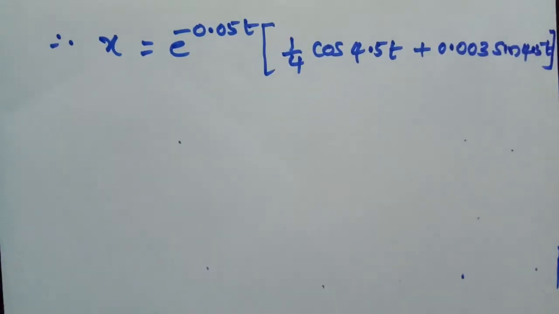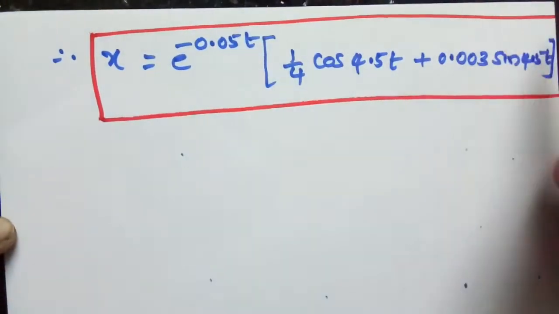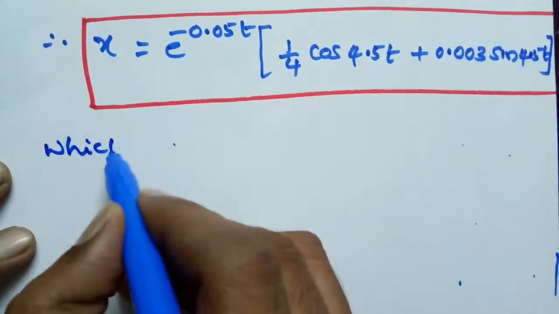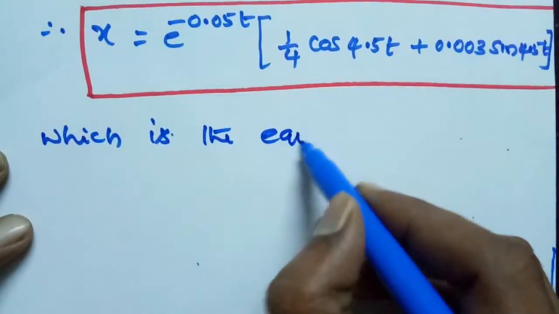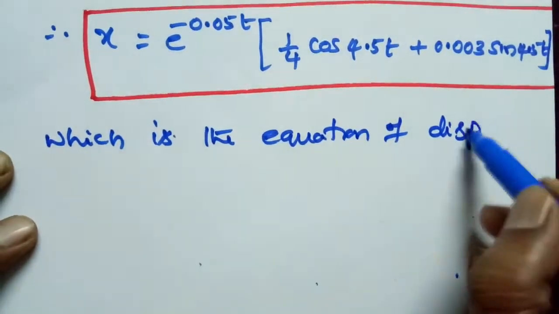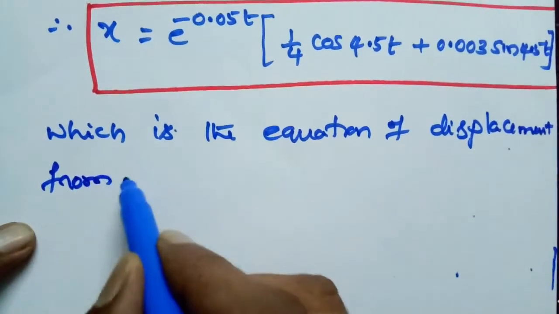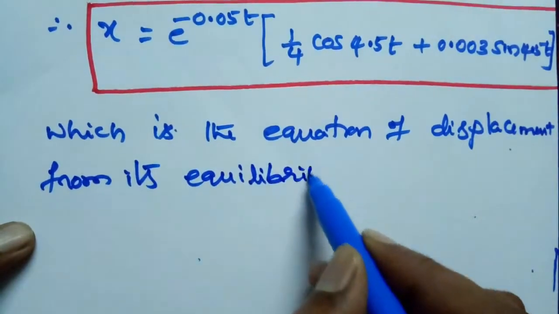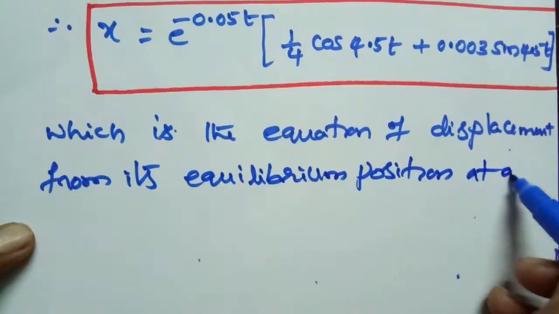This is the required equation of the displacement at any time t, which is the equation of displacement from its equilibrium position at any time t.